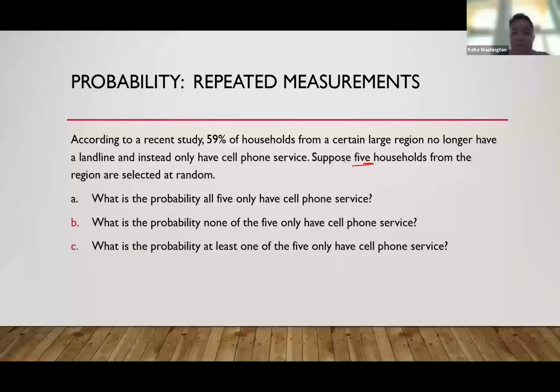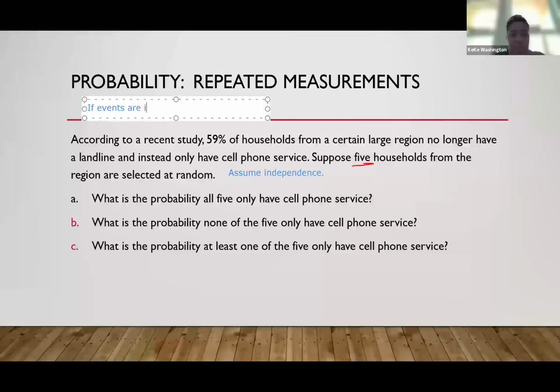And let me add in here that we are assuming independence. That piece is key for me because on your formula sheet, you should have that if events are independent, then the probability of A and B is the same as the probability of A times the probability of B. It's only if they're independent that we can use that multiplication rule.